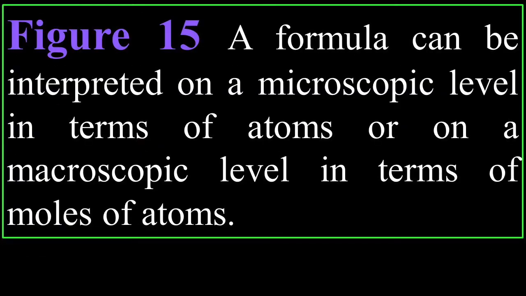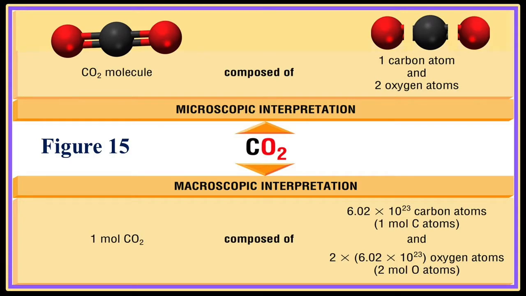In Figure 15, a formula can be interpreted on a microscopic level in terms of atoms or on a macroscopic level in terms of moles of atoms. So here I have the microscopic interpretation of a carbon dioxide molecule. I can break it down into the number of atoms and the types of bonds.